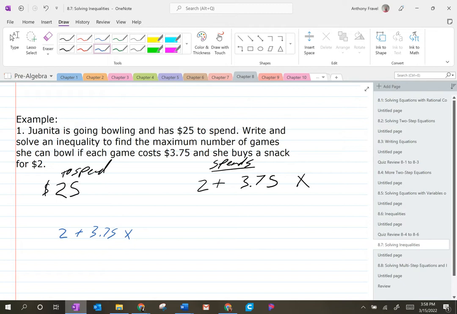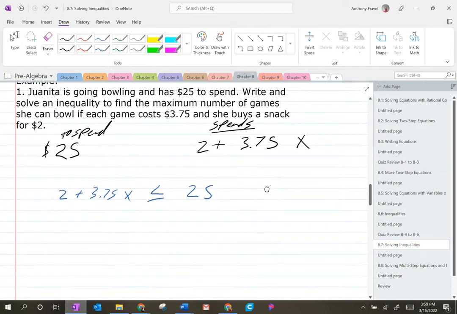So that has to be less than or equal to $25. As long as Juanita spends less than $25 or even exactly $25, we're good. But we're not allowing her to go borrow any money from somebody somewhere else.